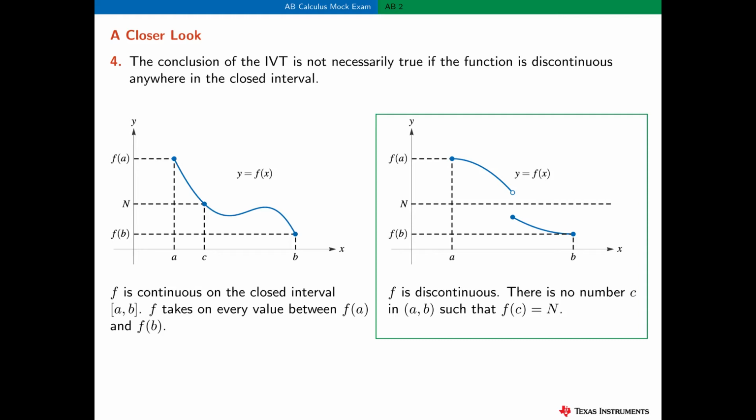So the assumptions for the Intermediate Value Theorem are not met. For a selected value of N between f of a and f of b, there could be a value of c, such that f of c equals N, but we're not guaranteed that there is one. And this illustration shows there is no value of c for the selected value of N.